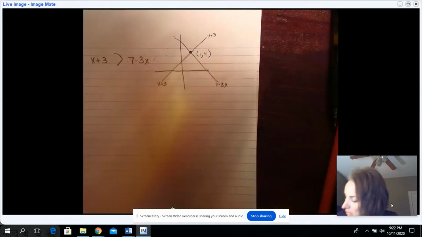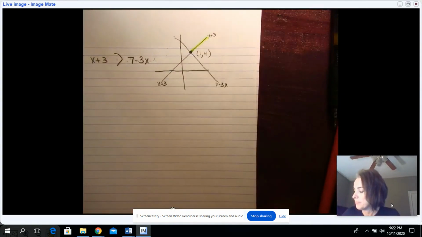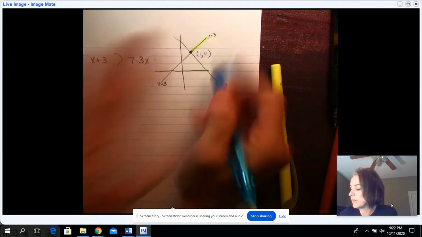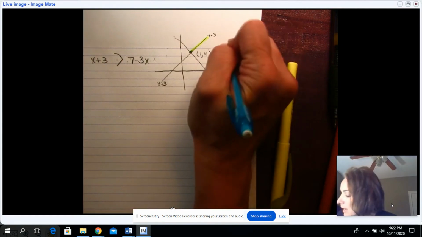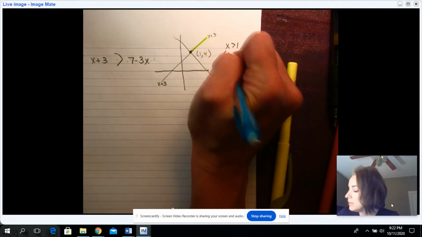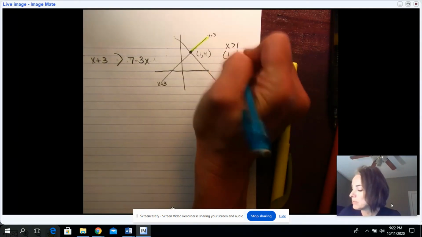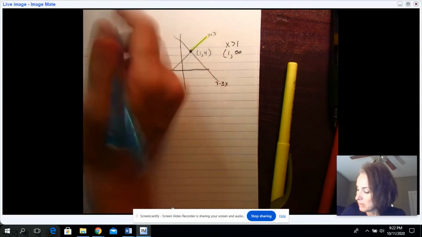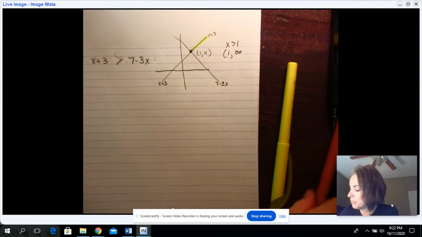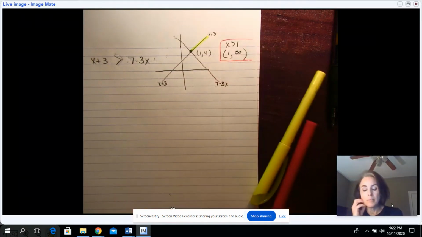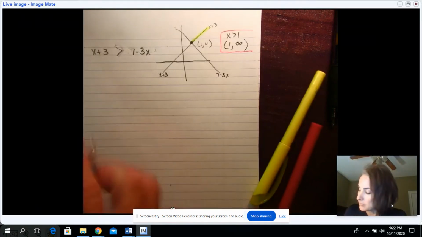So your answer would be when x is greater than 1, or you could say 1 to infinity, and it's not equal to, it's just greater than. So both of these answers would work. There's your inequality, there's your interval notation.